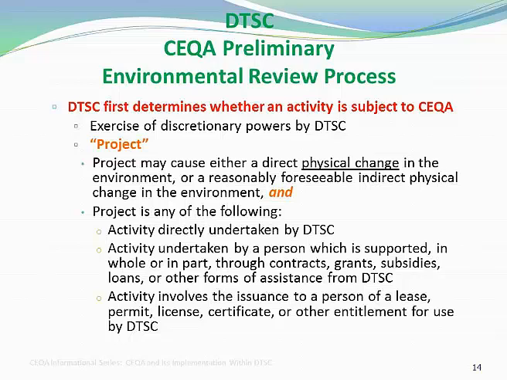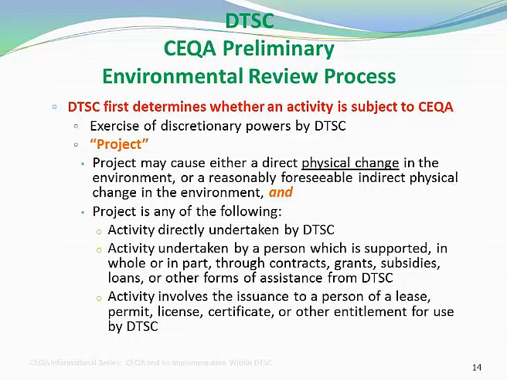To be subject to CEQA, the activity must involve the exercise of discretionary powers by DTSC. DTSC discretionary powers authorized under the Health and Safety Code include, but aren't limited to, permit determinations, remediation and cleanup plan approvals, and regulation package approvals.